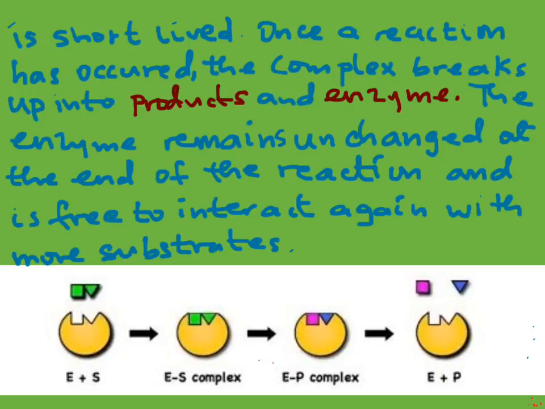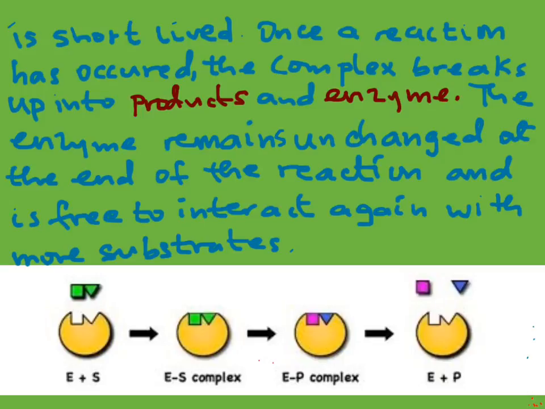You can now see that the substrate is green and the enzyme is brown. E stands for enzyme and S stands for substrate. You will now see that the substrate can conveniently bind to the active site of the enzyme because they have the same shape. In other words, the shape of the substrate is in conformity to that of the enzyme.